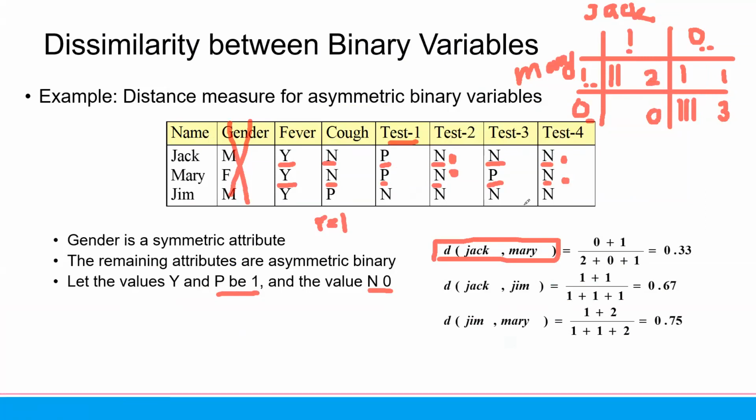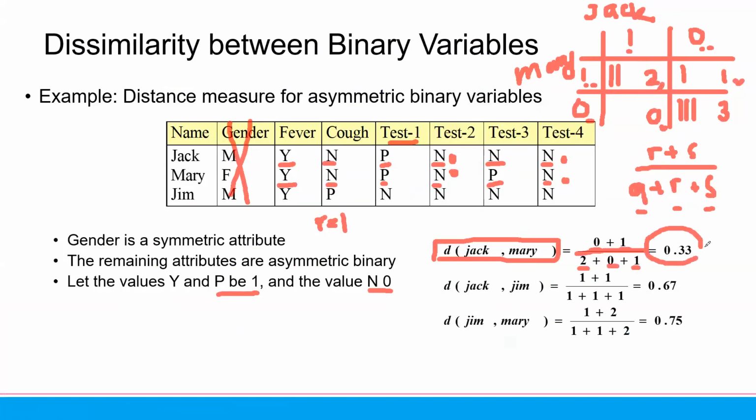So we can calculate based on the formula, which is R plus S divided by Q plus R plus S. So 0 plus 1, divided by Q plus R plus S, where Q equals 2, plus 0 plus 1.